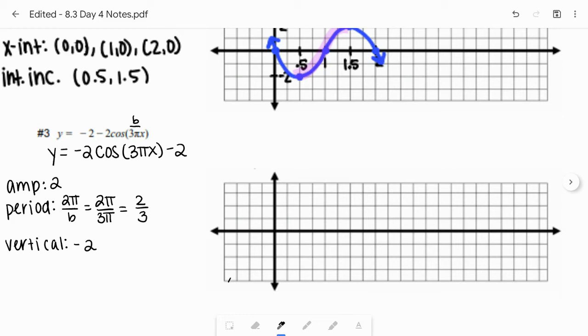Okay, so I'm going to count out 8 spots, and that's where I'm going to put my 2/3. Okay, so halfway back, that would give me 1/3. And then I'm just going to put little tick marks in between. Now my amplitude is 2.